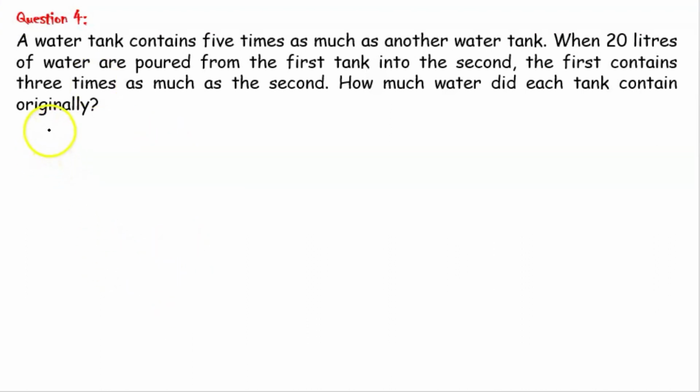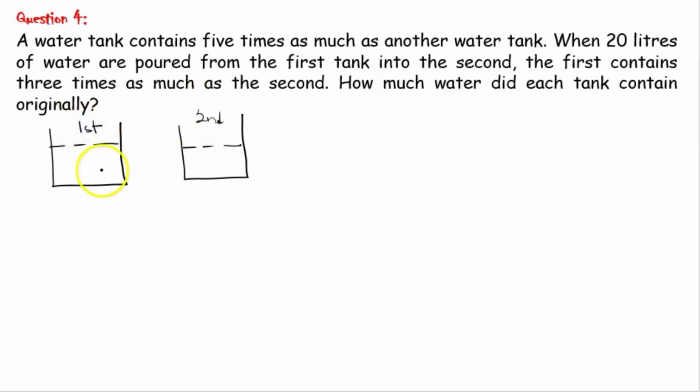So how do we do this? Let's say this is the first tank and this is the second. There is a level of water here, and there's a level of water here. So this is the second tank, and this is the first. Now, we are told that a water tank contains 5 times as much as another.